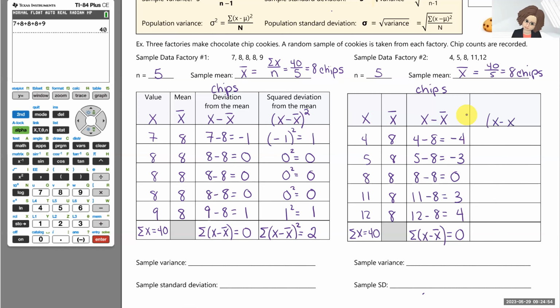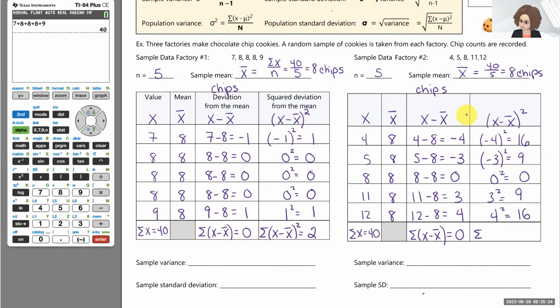So x minus x bar deviations, and then we square those values. So if I take -4 and square it, negative times a negative is a positive, and 4 times 4 is 16. -3 squared would be +9. 0 squared, of course, is 0. 3 squared is 9, and 4 squared is 16.